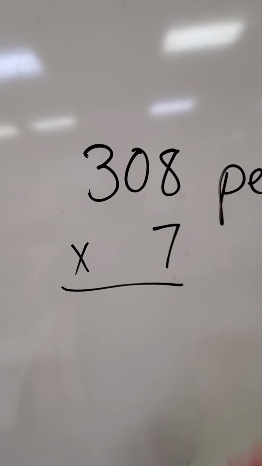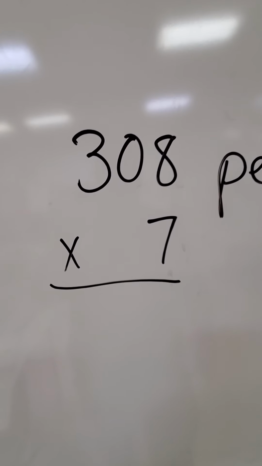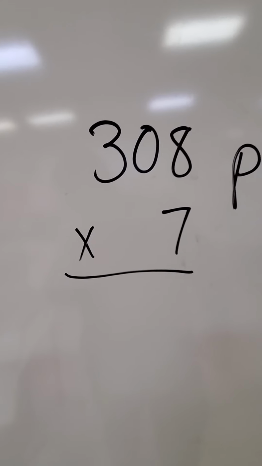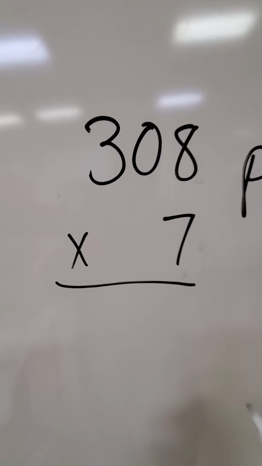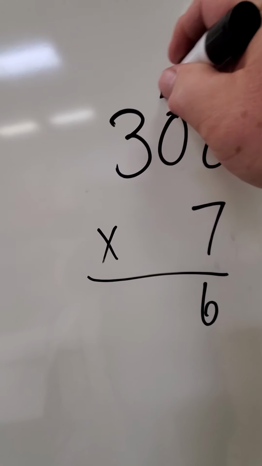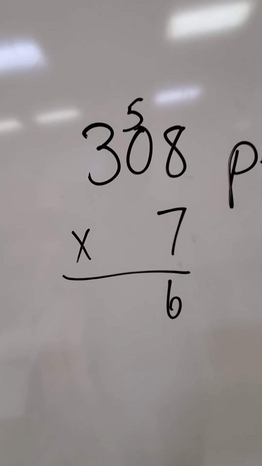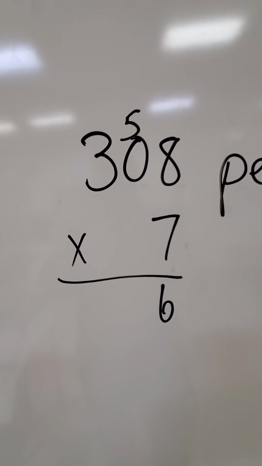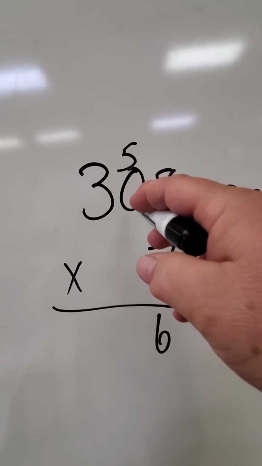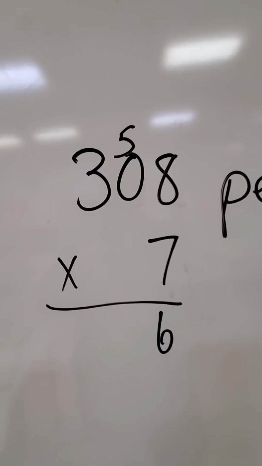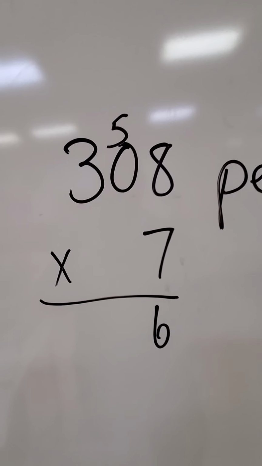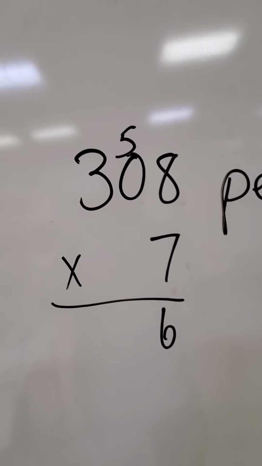So let's start with 7 times 8. I'll pause so you can answer that to yourself. That's right, it's 56. So when we carry over this time, it was a little different than before. This time we're multiplying 7 times 0. Remember that the property of multiplication says I have to multiply first and then add.